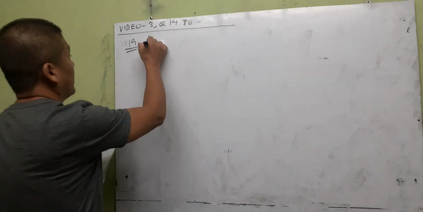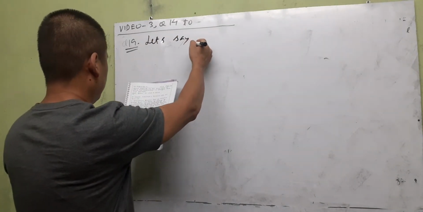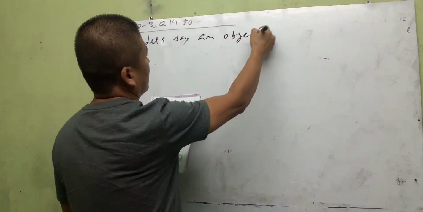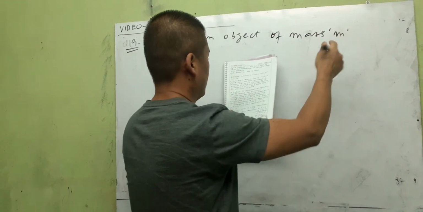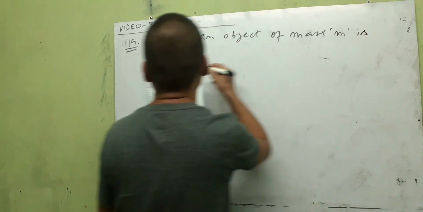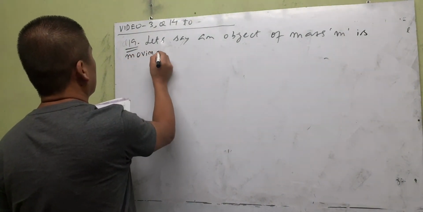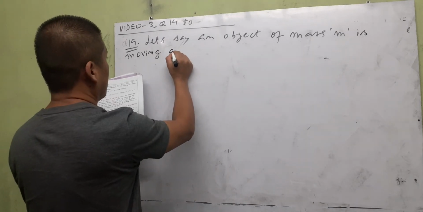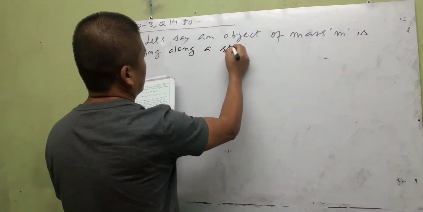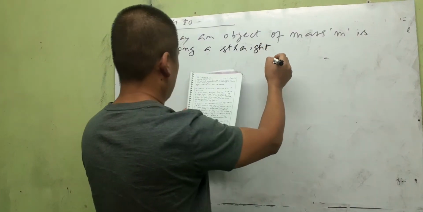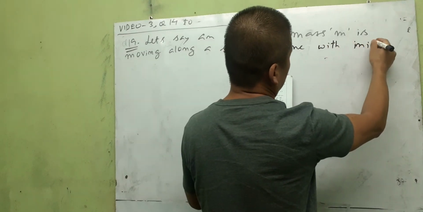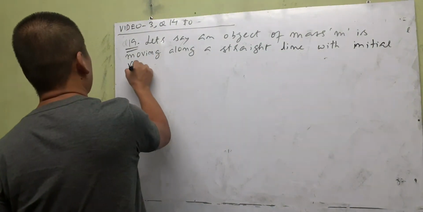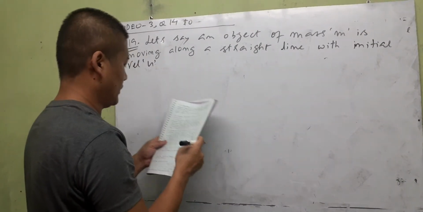Let us say an object of mass m is moving along a straight line, in a straight path, with initial velocity, let us say u, initial velocity u.